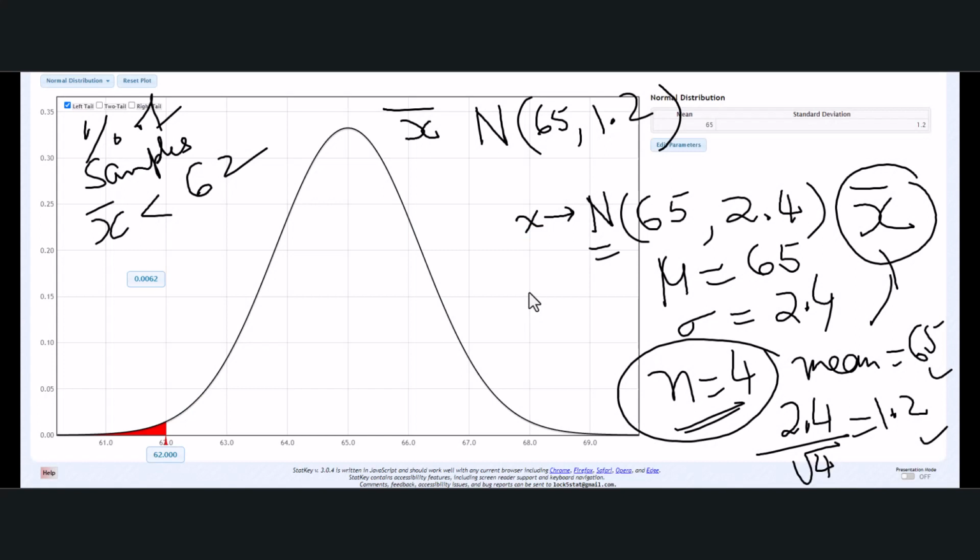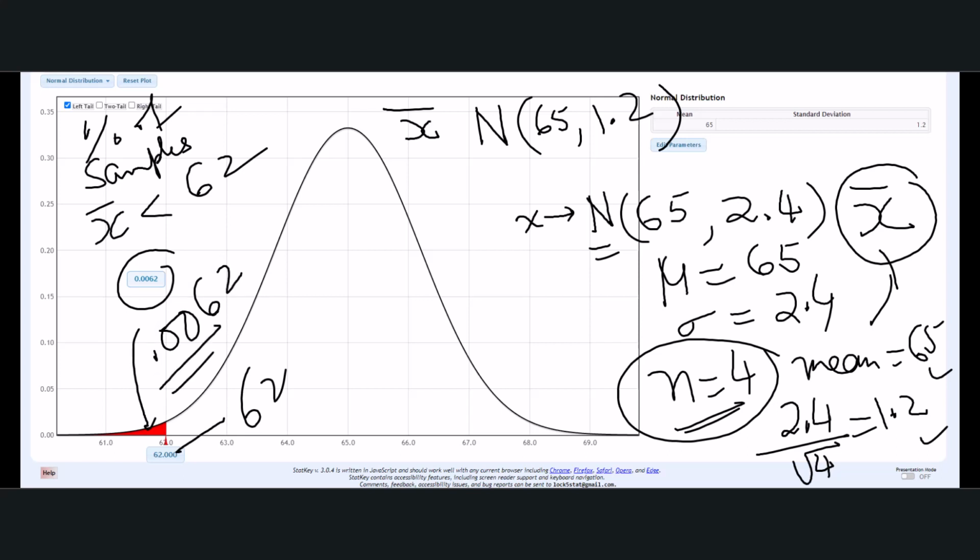So if you look at it, we got 62 here. And this proportion is 0.0062. That is only 0.62% of the samples of size 4 will have contents less than 62 drops.